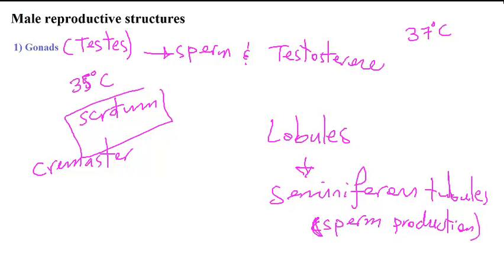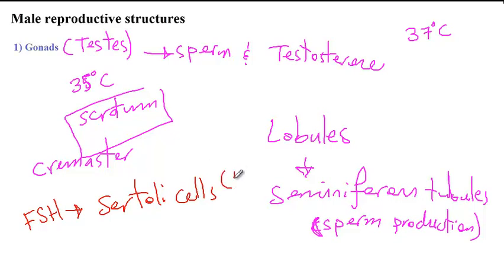And then there are two types of cells that help with this process. One is the Sertoli cells, which help to nurse or mother these cells. And these Sertoli cells are part of the seminiferous tubules. And these Sertoli cells are actually being activated by the follicular stimulating hormone. And so basically, in other words, Sertoli cells help nurture the sperm cell during the spermatogenesis process.